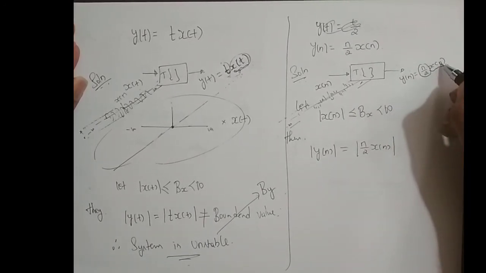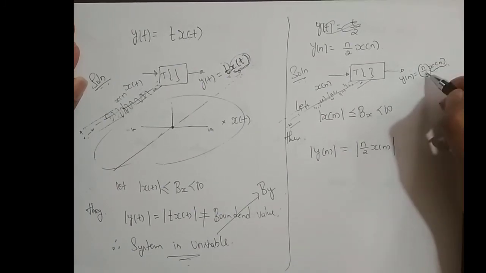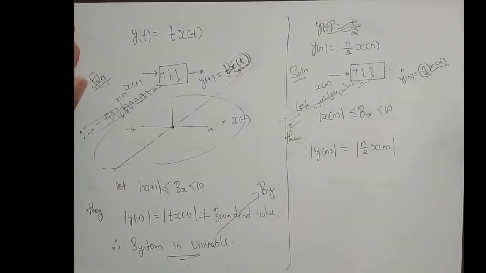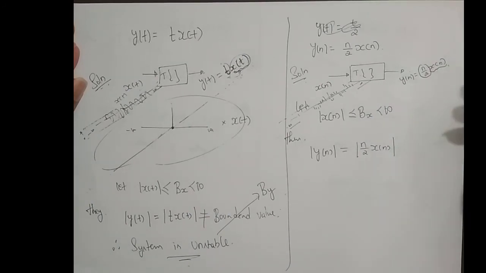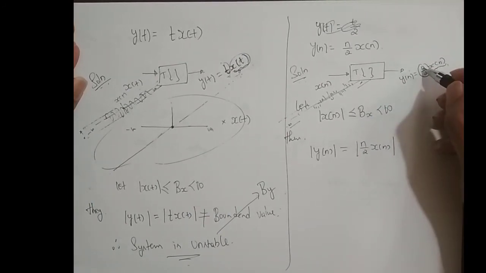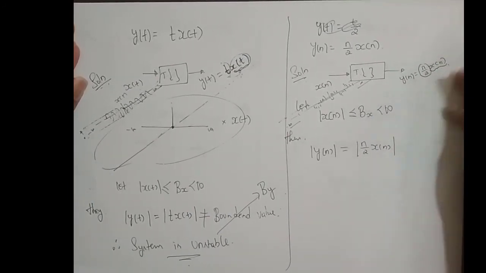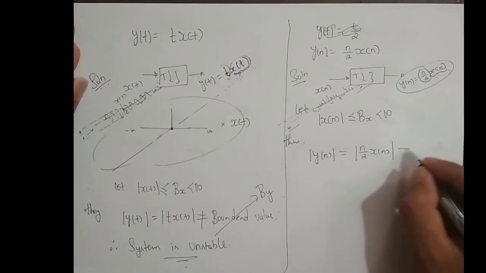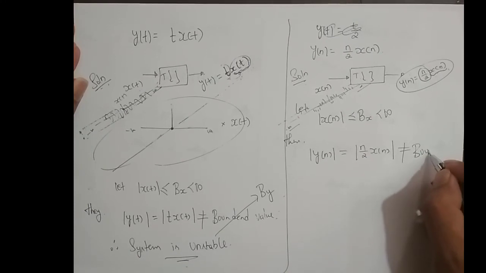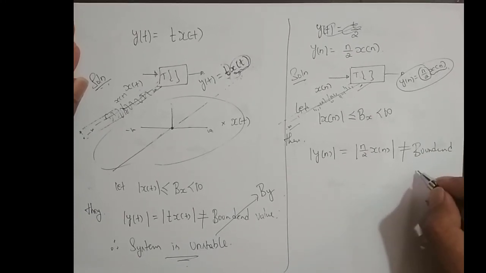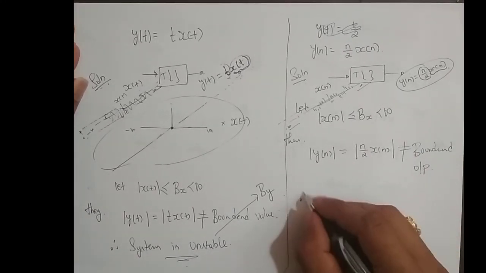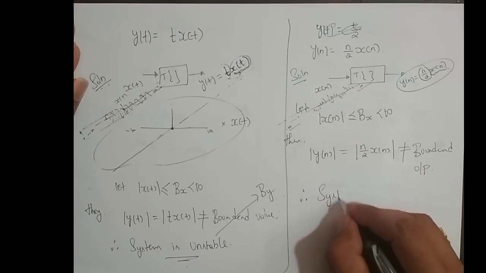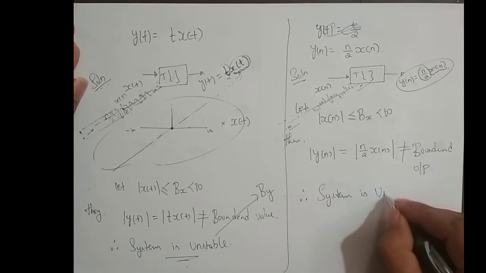At n equal to infinity, x of infinity of a sine wave is finite, but here infinity by 2 is actually infinity, so this goes to infinity. At n equal to minus infinity, n by 2 is actually infinity, and this goes to infinity. So this is unbounded now, right? So this is not equal to a bounded output. So therefore the system is unstable.